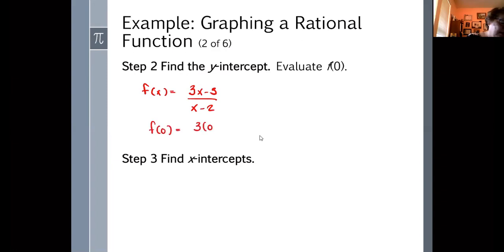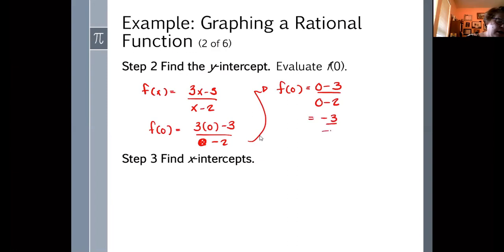So I'm going to replace the x with 0. So I get f of 0 equals 0 minus 3 over 0 minus 2, which is negative 3 over negative 2, which is 3/2. So I do have a y-intercept, and it occurs at 1.5.